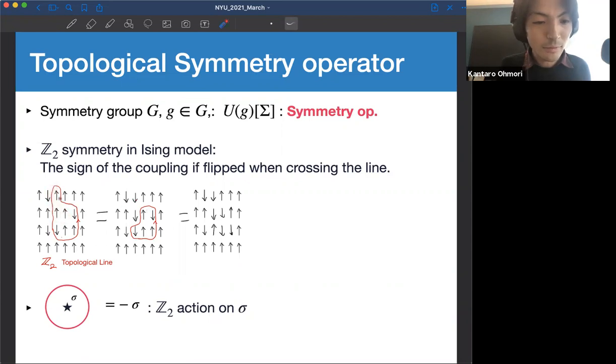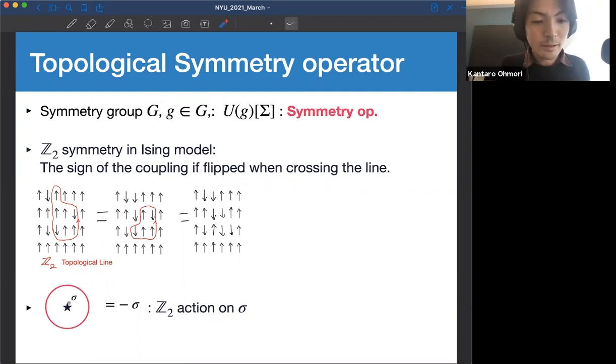So I flip these two spins, and this configuration and this configuration give the same contribution, and we are going to sum up over all the configurations. So after summing over the configurations, we get the same correlation function. And of course, if you don't have any local operator inside this loop, then you can just shrink it down to nothing, like this.